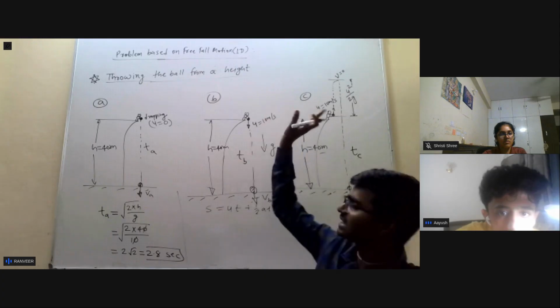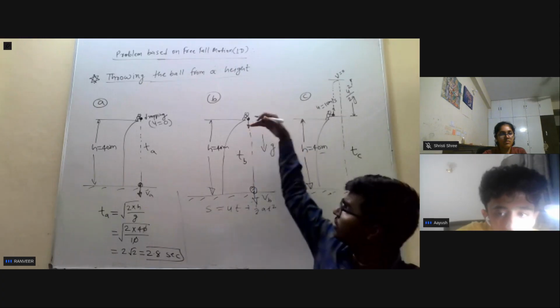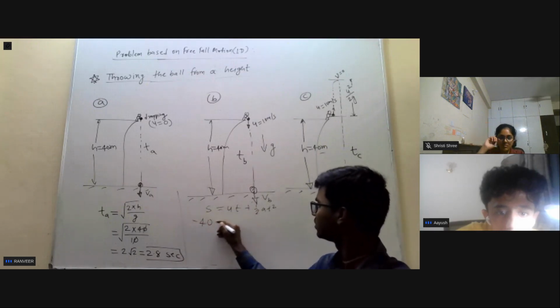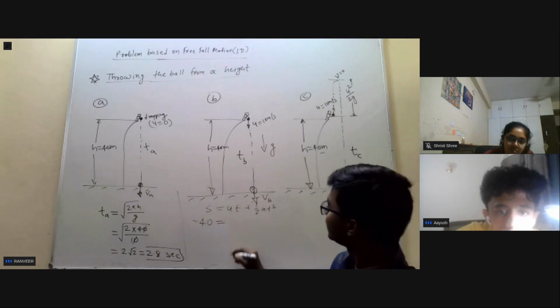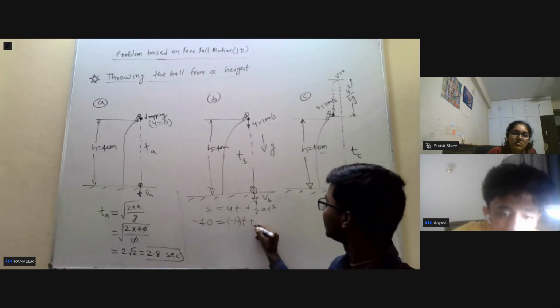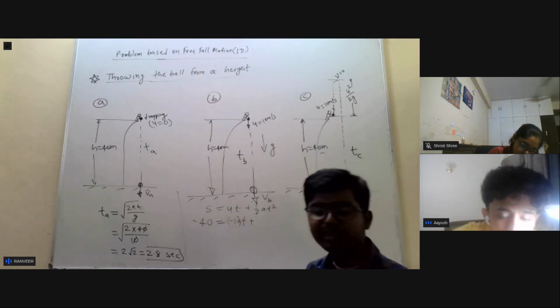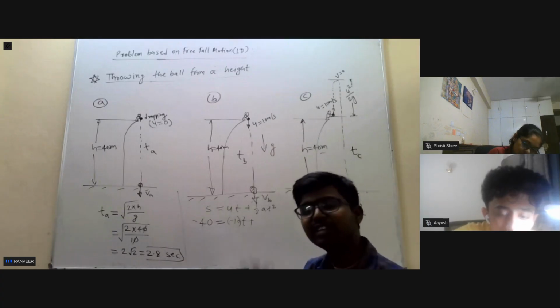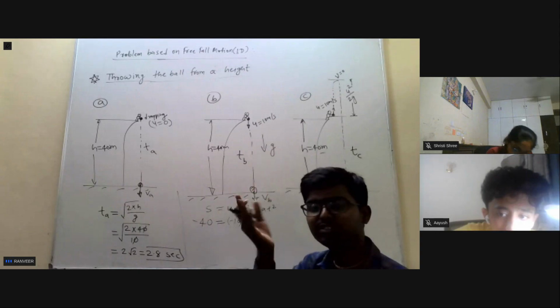So let's keep the sign convention. It's down, so we'll take minus 40. Okay? U is what? 10, it's minus 10. Even if you take all downward negative, then upward will become positive. Okay, so that's not a problem.